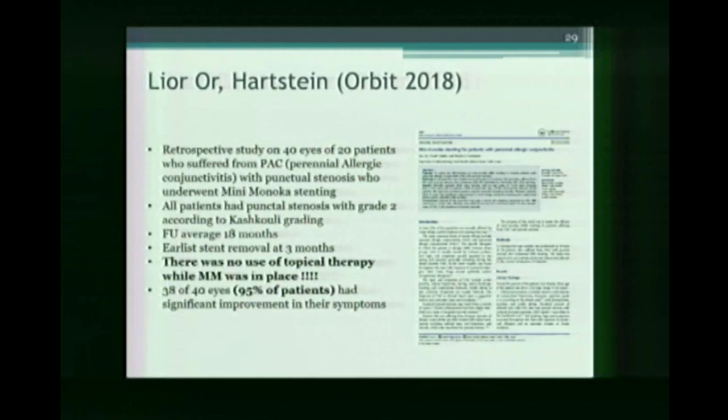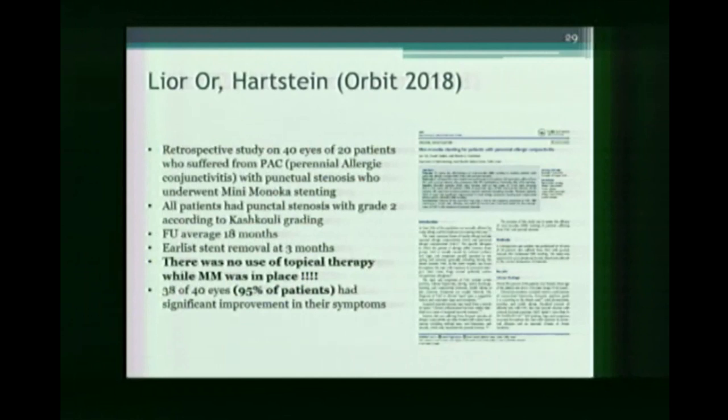However, I had a concern when I was reviewing this article: they mentioned clearly that during the use of the mini monoca stenting, there was no use of topical therapy while the stent was in place, or even when it was removed.